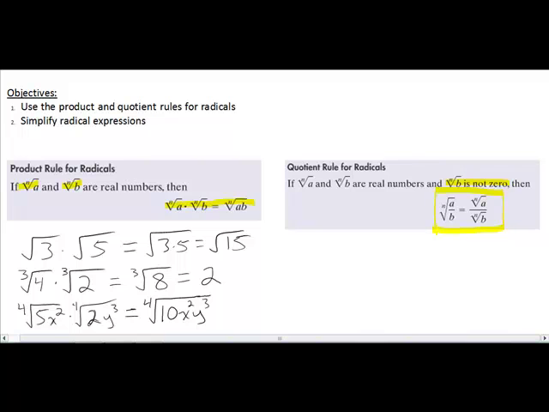The nth root of a over b can be split up, and you can say, well, that's the nth root of a divided by the nth root of b, or vice versa. And sometimes it's really useful to go the other direction, to go from here to here, to have it split up and then combine it. And let's look at several examples of that again.